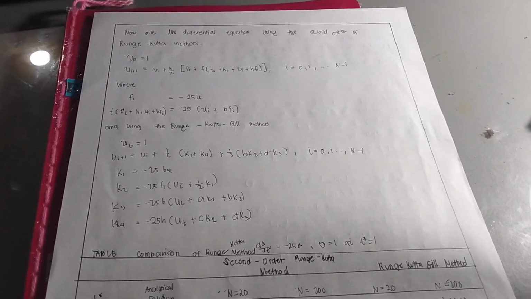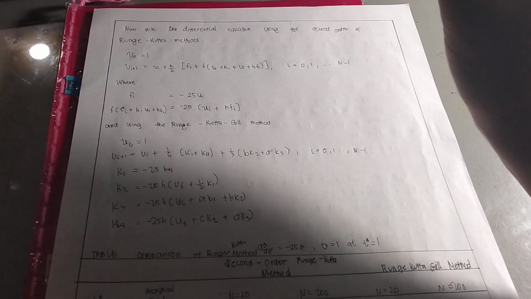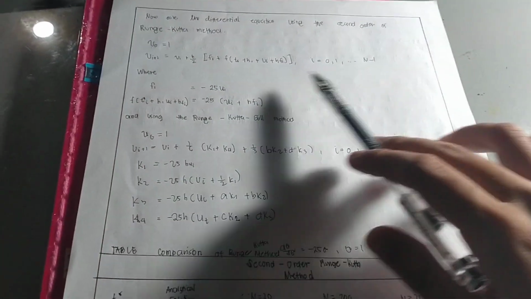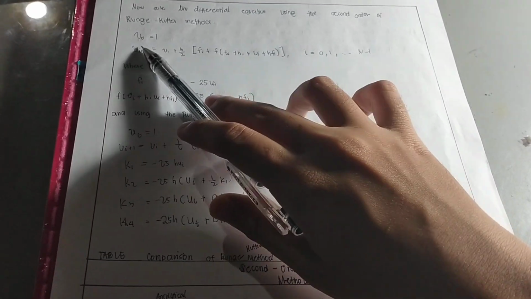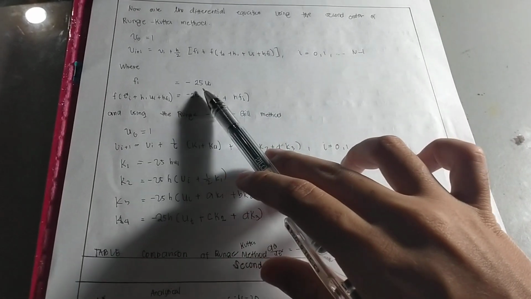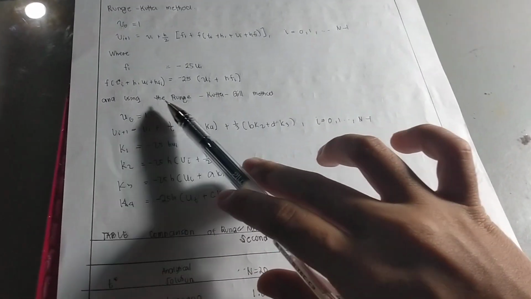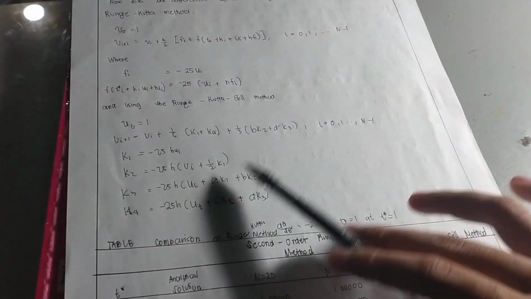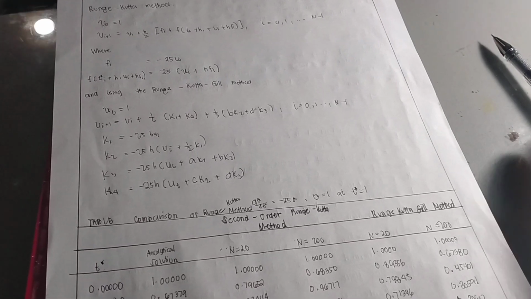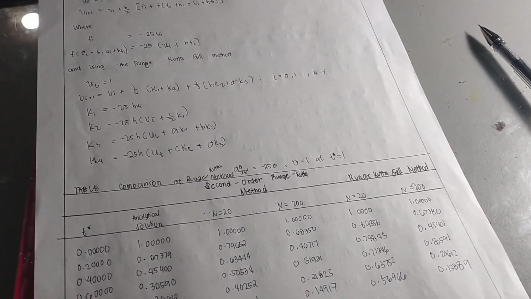Now we will solve the differential equation using the second order Runge-Kutta method. So this is u equals 1 and f equals negative 25 u, and using the Runge-Kutta method, this is the formula. This table shows the generated results.